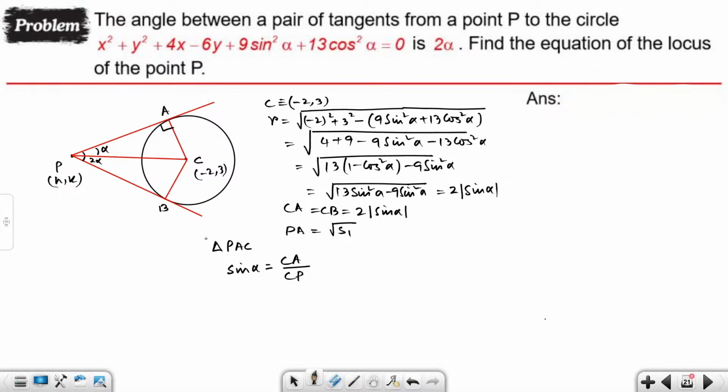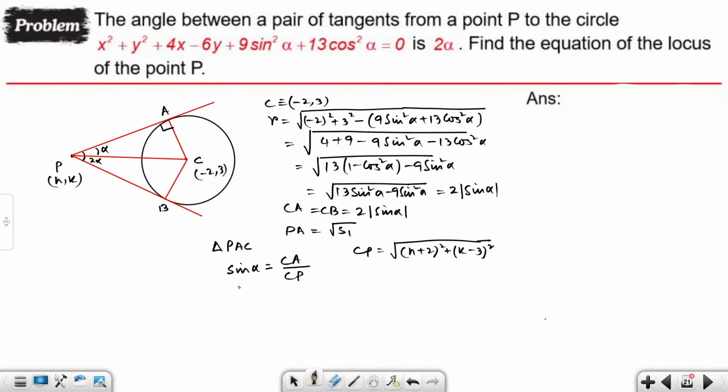Yes or no? Now, what is your CP? CP is the distance between these 2 points, which is nothing but root over h plus 2 whole square plus k minus 3 whole square. And what is your CA? CA is nothing but 2 mod sine alpha. Is it clear?